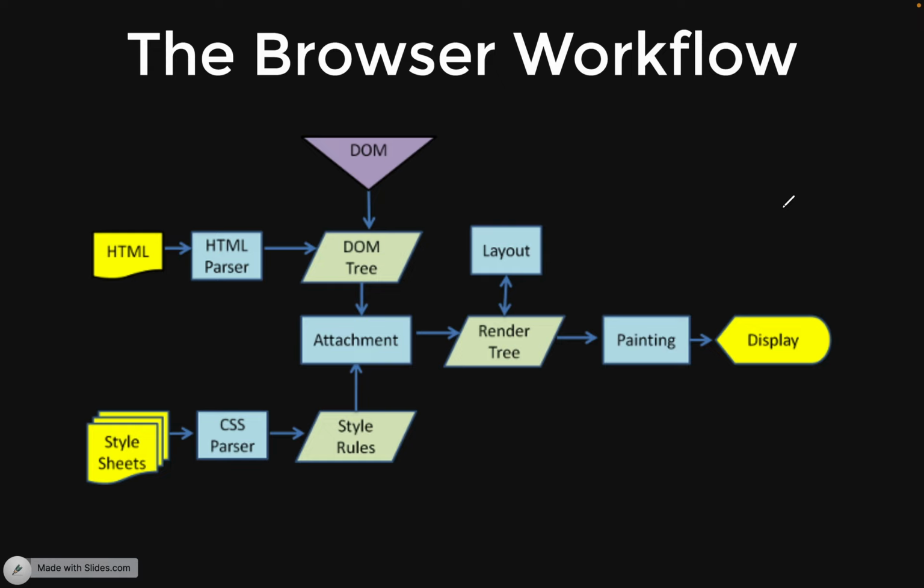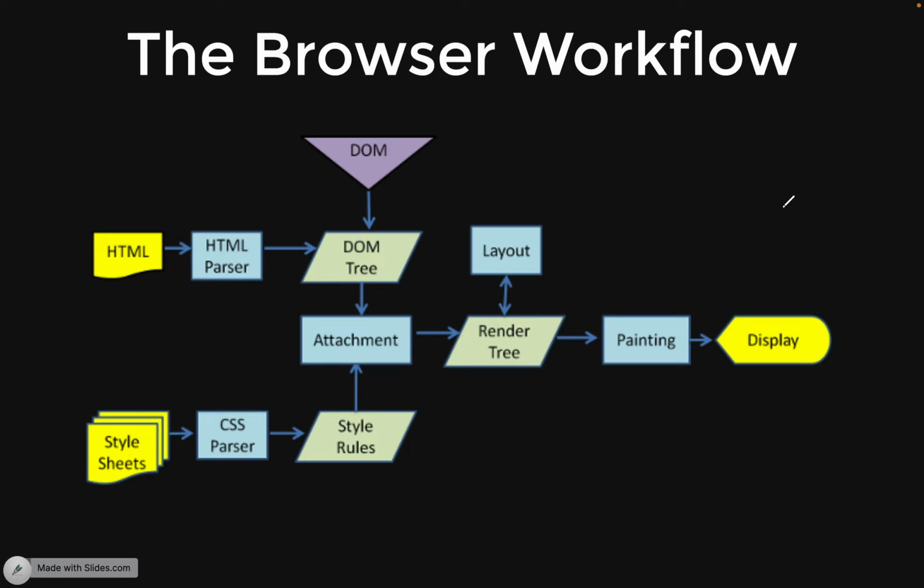Once the combination of layout and painting is done, the UI is displayed on the screen. So let me summarize: layout and painting combined have three to four substeps, as we get into it.